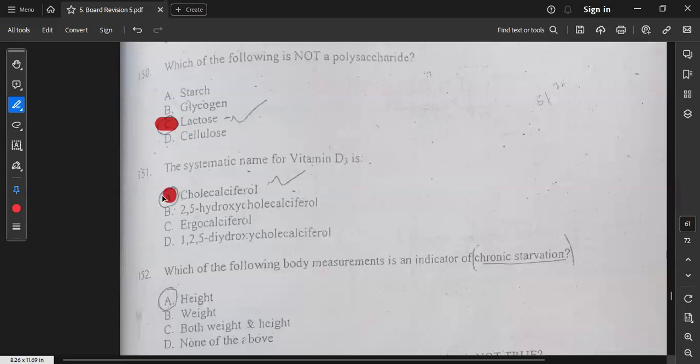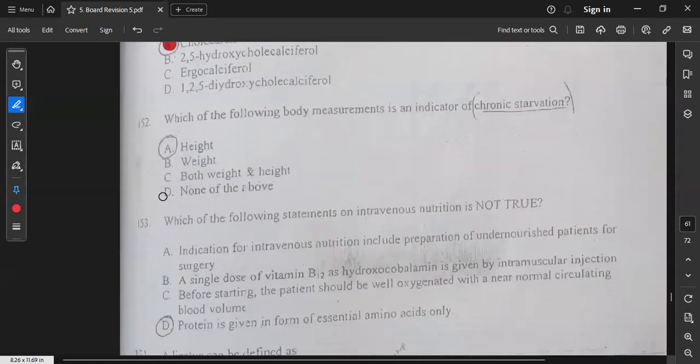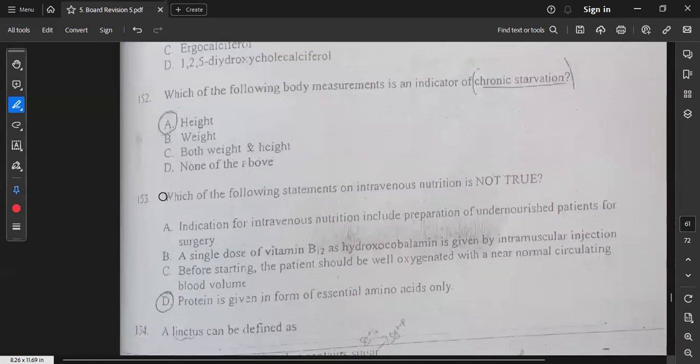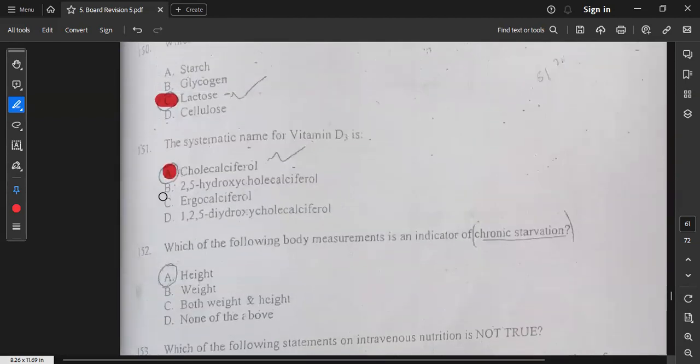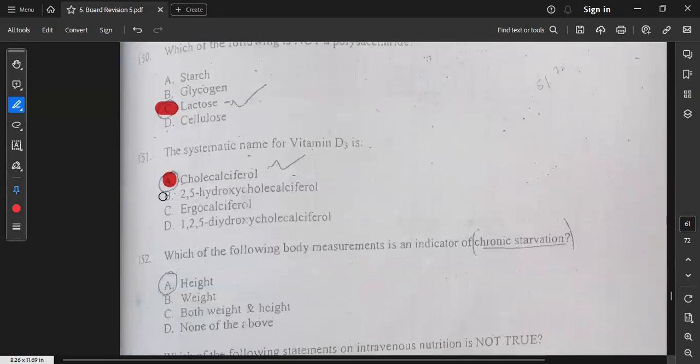We all agree that the answer is A. Just a question on that. So what of calcitriol?